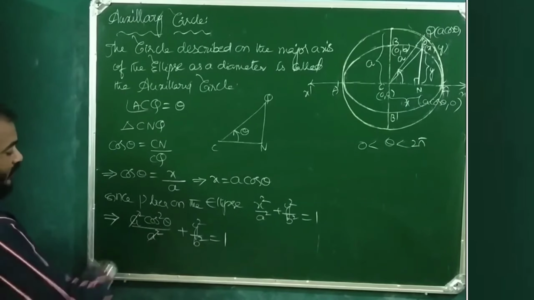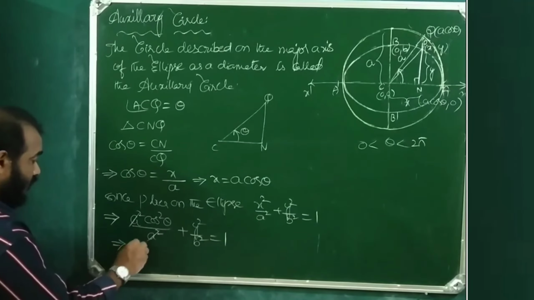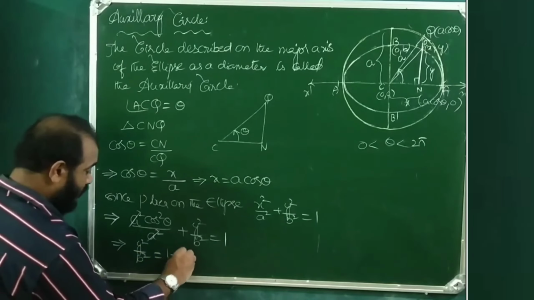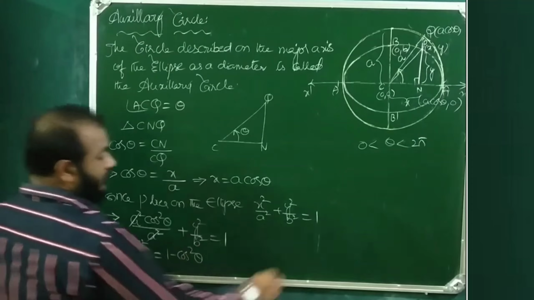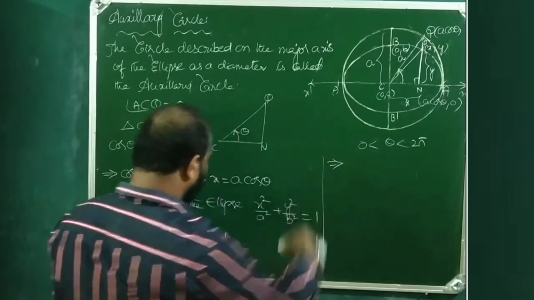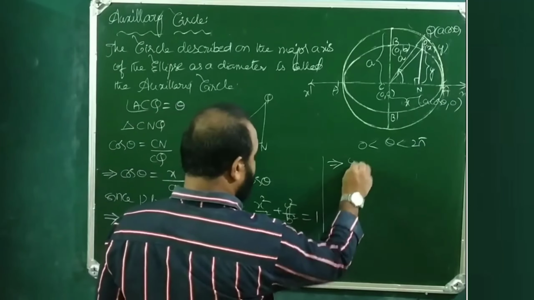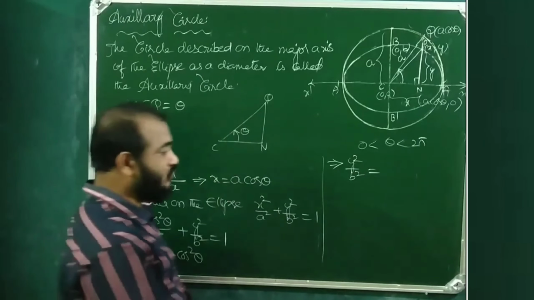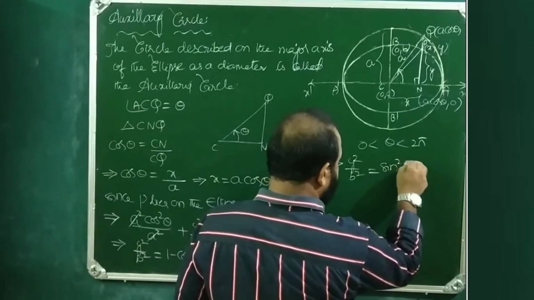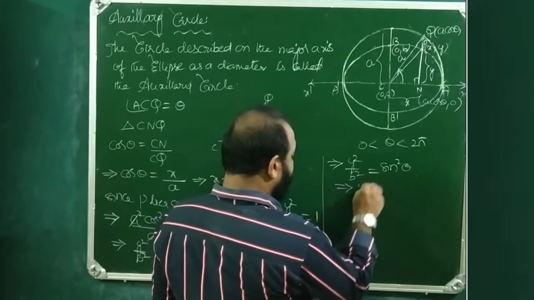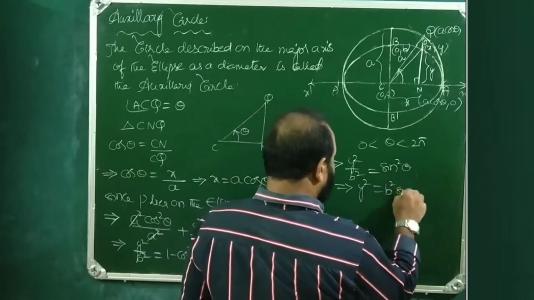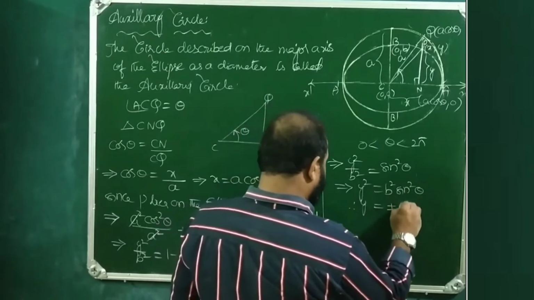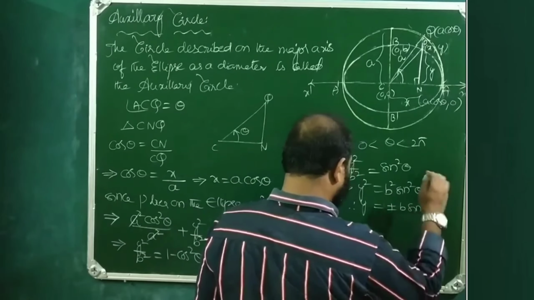A square gets cancelled. So y square by B square is equal to 1 minus cos square theta, which is sin square theta. So y square equals B square sin square theta. Therefore, y is equal to plus or minus B sin theta.